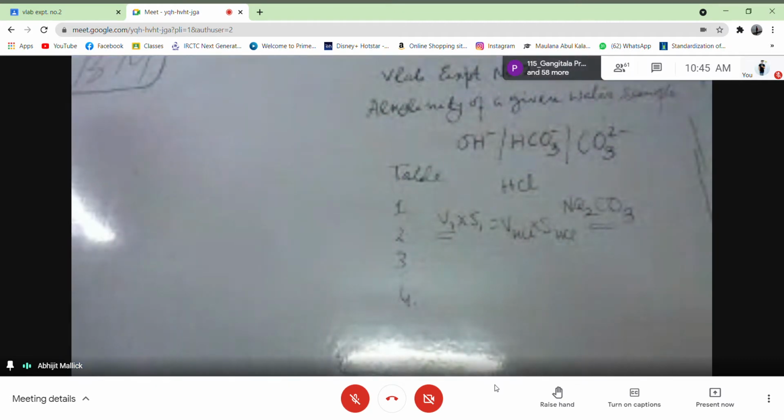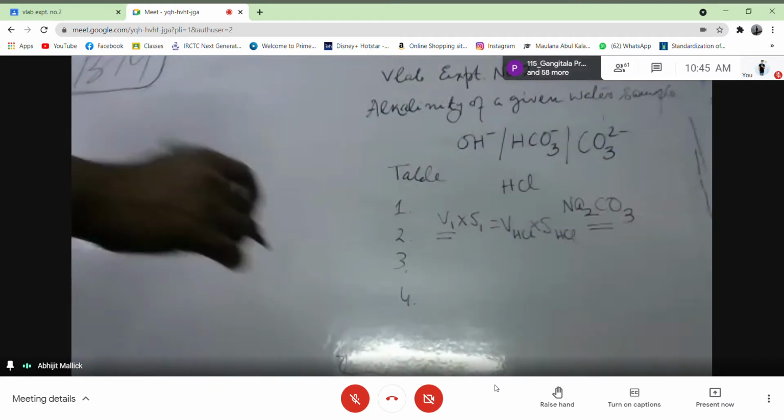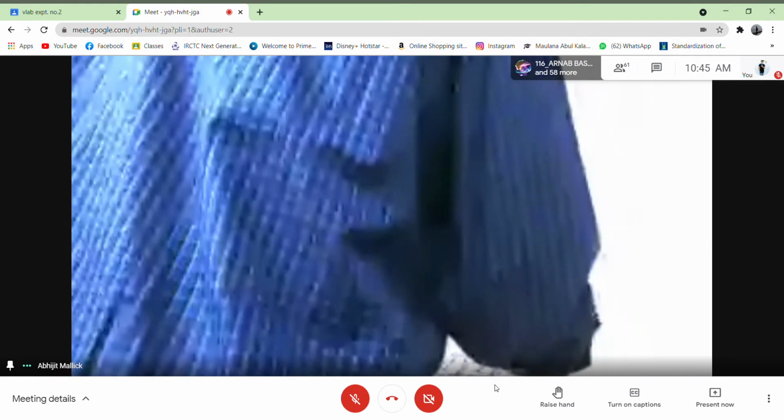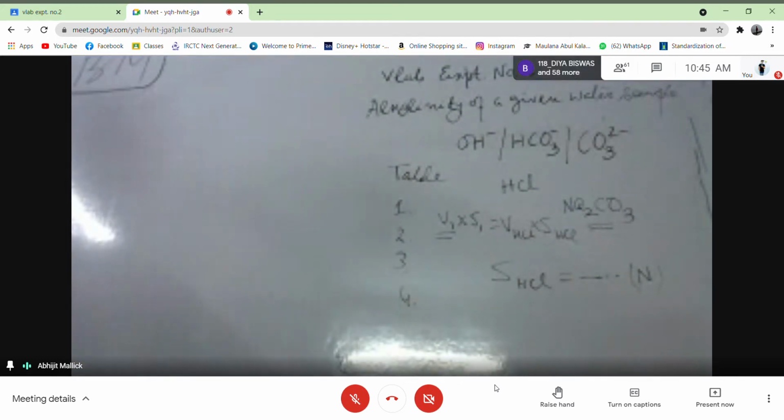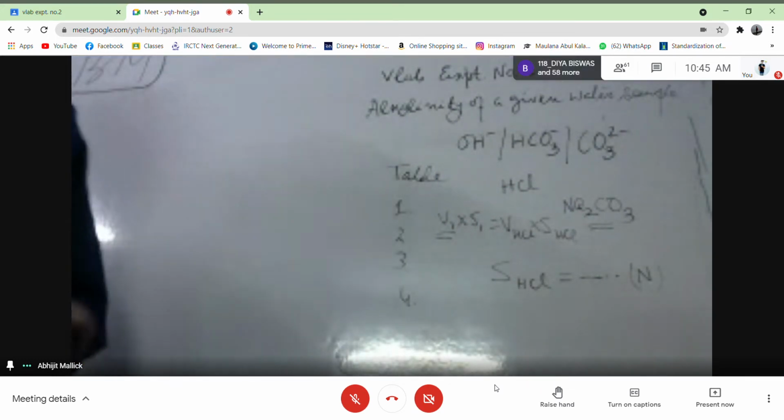Here V1 is 10 ml, S1 is the strength of Na2CO3, that is known, V of HCl is the burette reading, and S of HCl is the conclusion of table 1, the actual strength of HCl in terms of normality. So the first table conclusion is this.